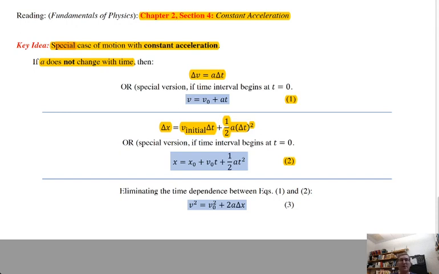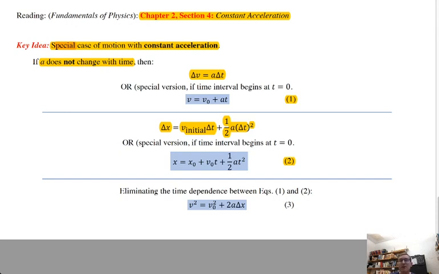The third constant acceleration equation is based on a very simple thought. Constant acceleration equations 1 and 2 both involve the time variable, t. Either t to the 1 power or t squared. What if we have a problem, a scenario that we're studying, where the time for the motion is not known and is not asked for, yet the acceleration is constant? Wouldn't it be nice to have a constant acceleration equation that doesn't involve the variable t, time?